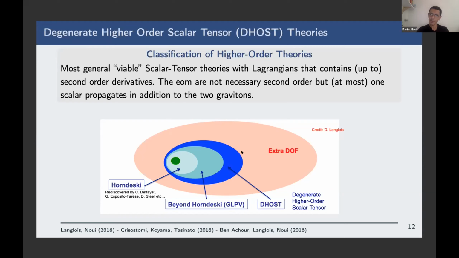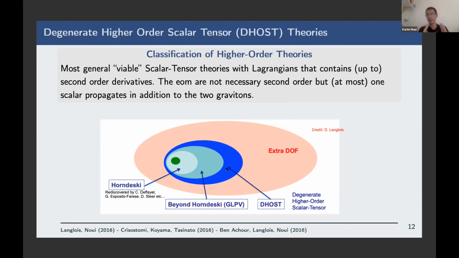But inside those theories, you have to check whether the theories are safe in the sense that they may have other types of instabilities, like gradient instabilities or ghost instabilities. And we analyzed all these kinds of instabilities in the DHOST theories. What I can say from now is that in these DHOST theories, indeed, there are some theories which are physically safe because they don't have any gradient instabilities, for instance.